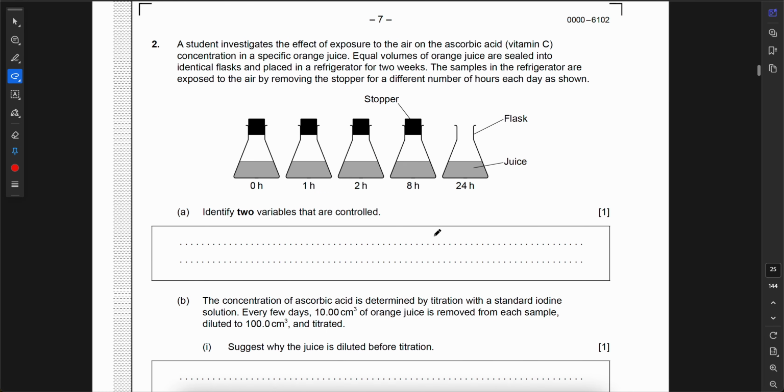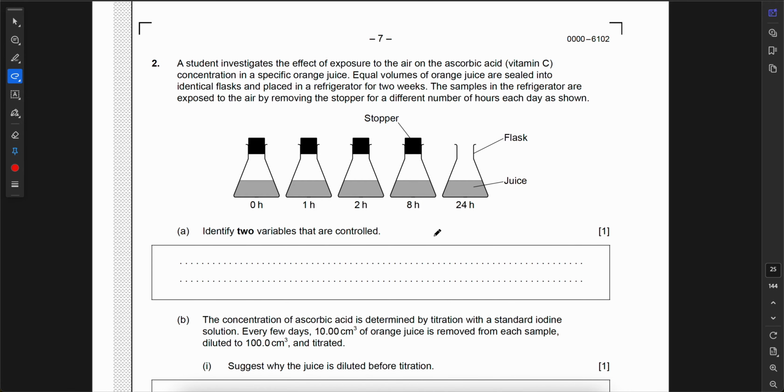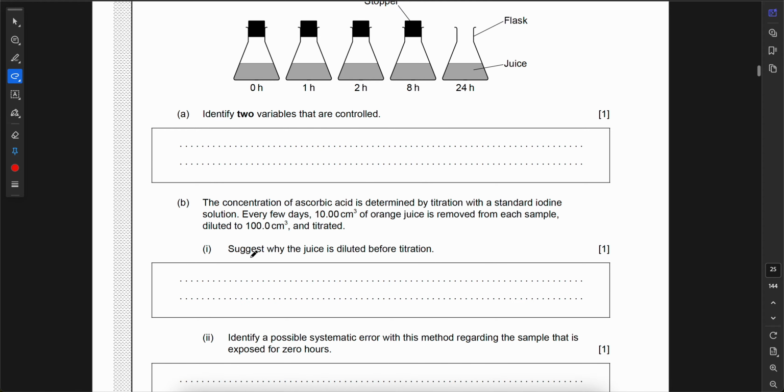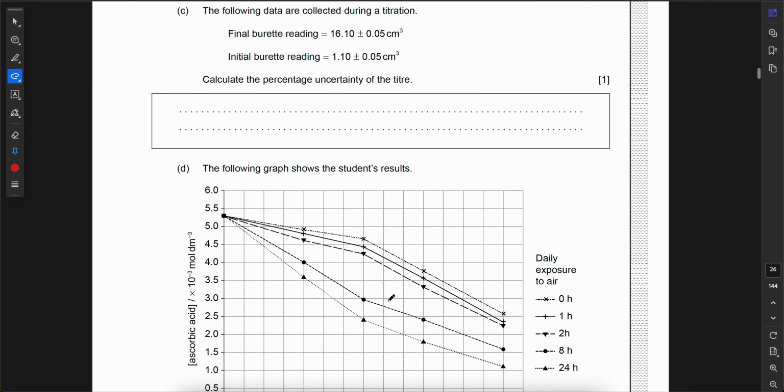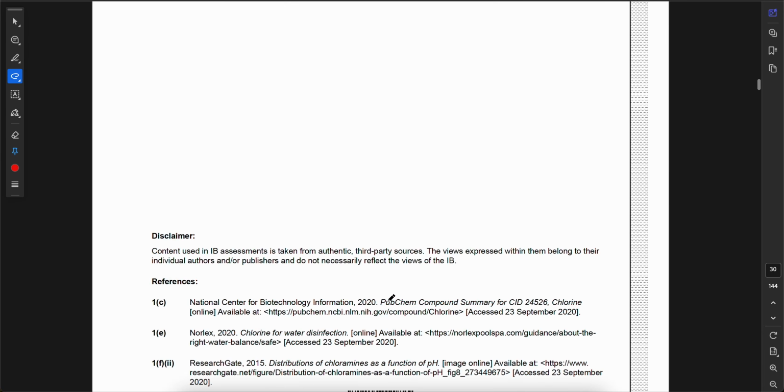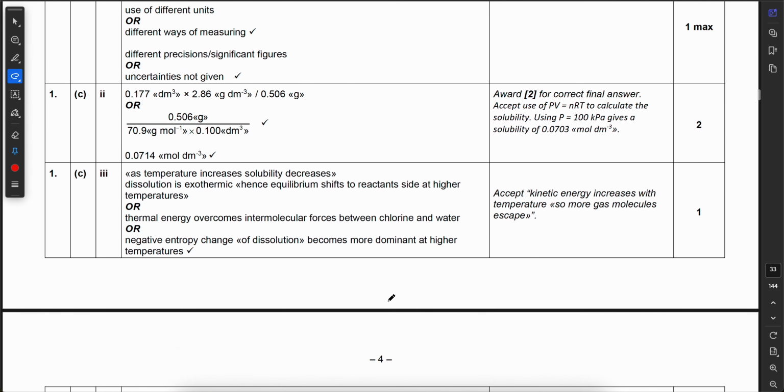Also in this type of question you need to know how to identify the two variables here and suggest what's happening, or maybe the errors. This is what I just mentioned, the kind of questions that you will find in paper 1B. Let's see paper 2.